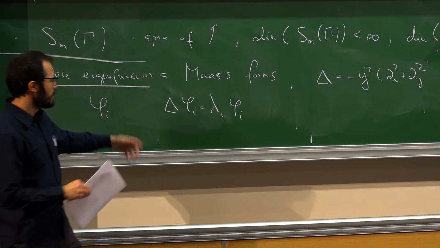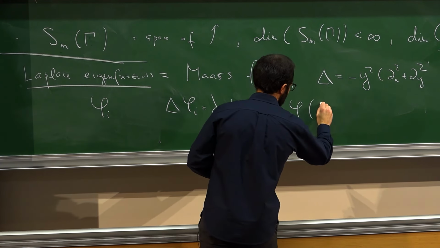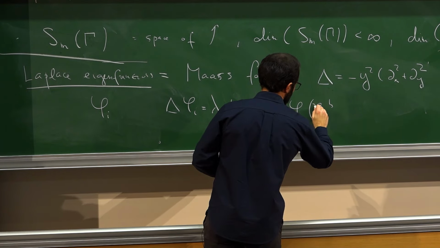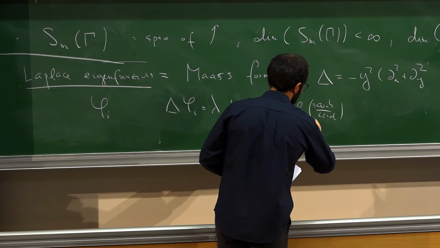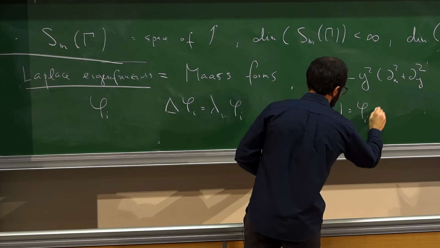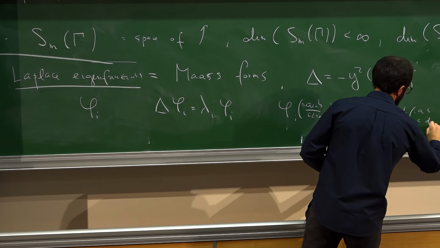And of course phi is invariant under gamma, for all A, B, C, D in gamma.